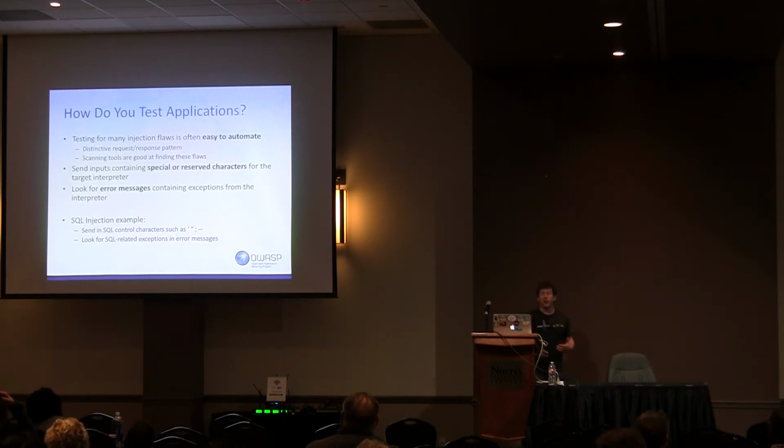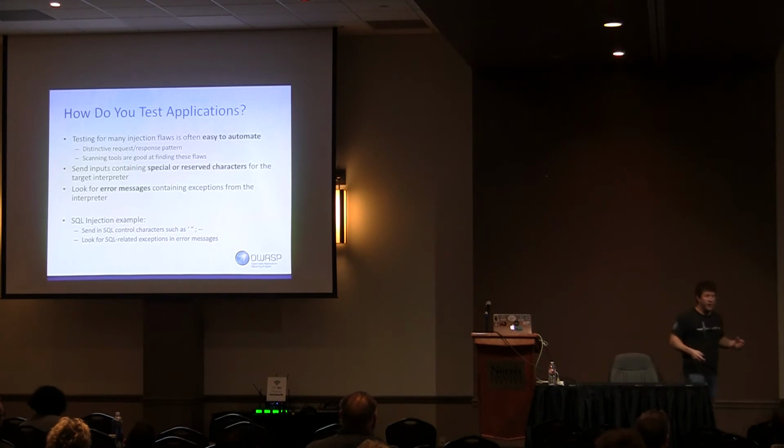This is also the type of vulnerability that can be really easy to find with code scanning tools, right? Because you can do data flow taint analysis to say, where am I getting untrusted data into the system? Let me see as it gets appended onto other strings, and let me see if it gets passed to a sensitive sink function. So these are the types of things, again, that have very distinctive request and response patterns from a dynamic testing standpoint.